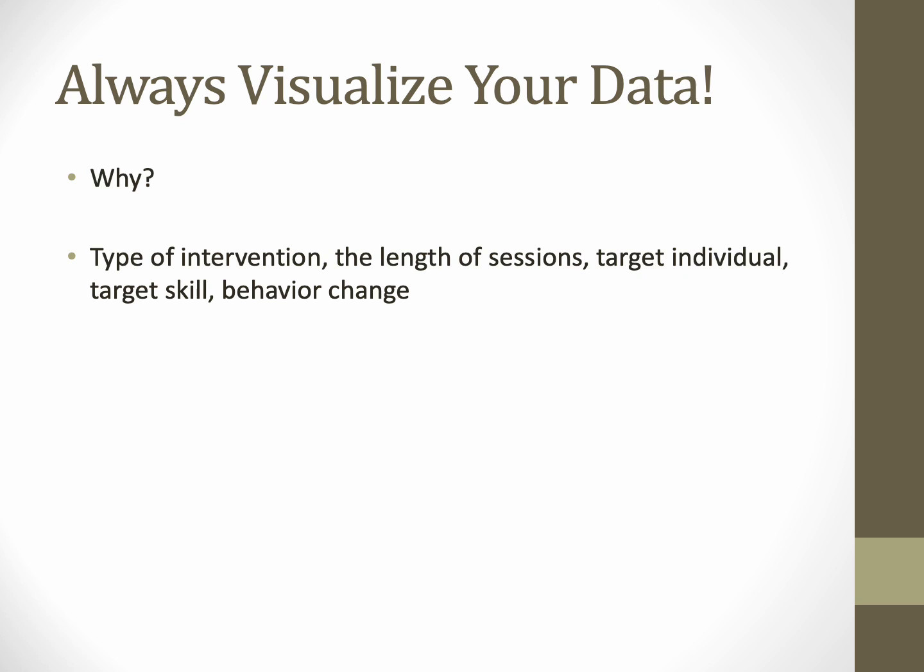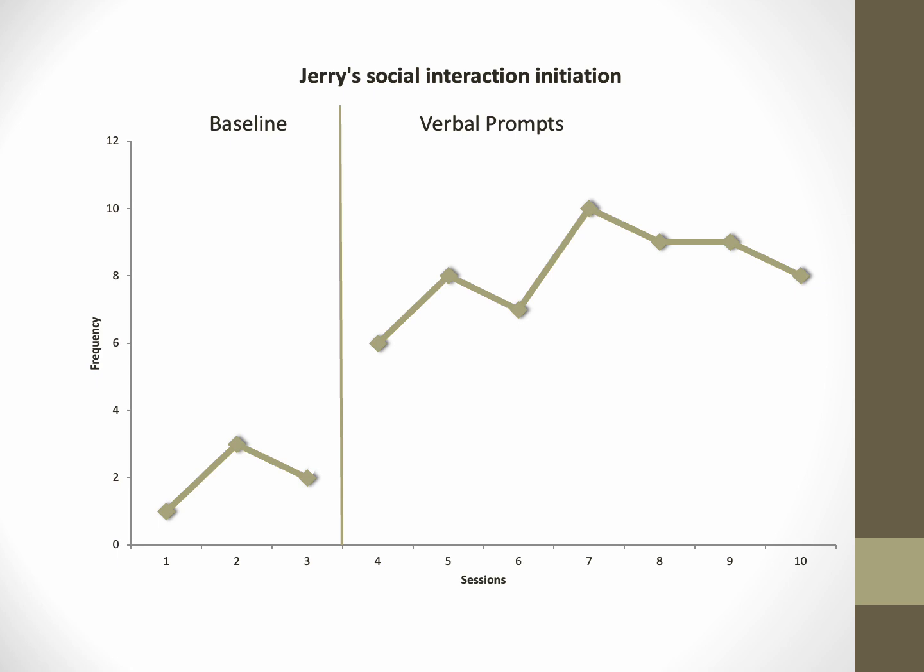When we use a single case research design, we are going to visualize our data. We are going to graph data always, so we can easily compare the behavior change with the intervention. So here's an example. In a graph, you must include several elements. You must have an x-axis, a y-axis, and you have to label them.